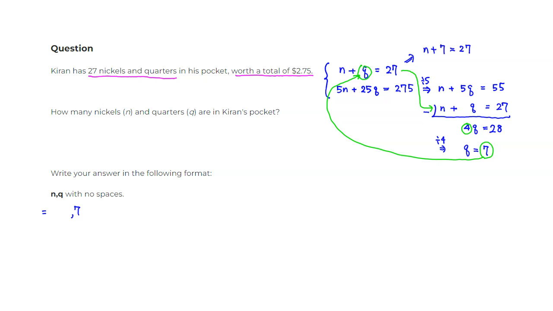Then we can simply shove 7 over to the other side by subtracting 7. So n is going to be equal to 27 minus 7, which is 20. So we're going to have 20 nickels and 7 quarters. That's it. I hope that this was clear.